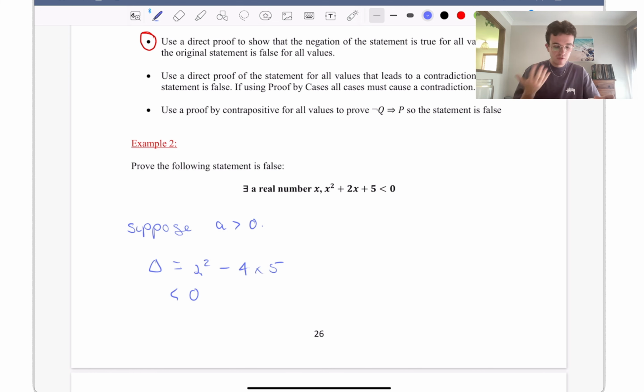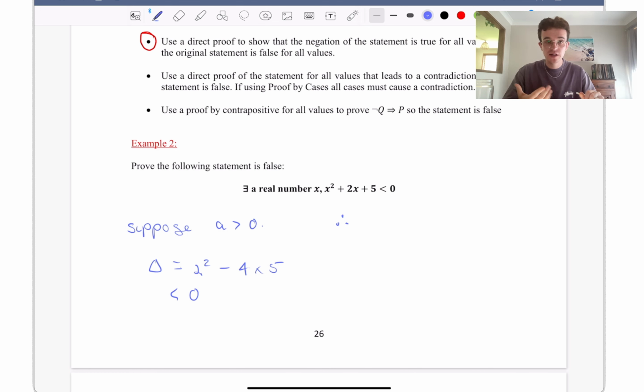So a being greater than 0, and what I meant by a is this number here, which is 1. So this is a happy parabola, an upward facing parabola, but our discriminant is less than 0. If you've got a parabola that's facing up and a discriminant that's less than 0, that means it has no x-intercepts.